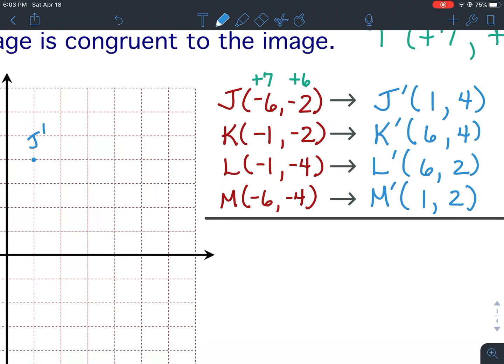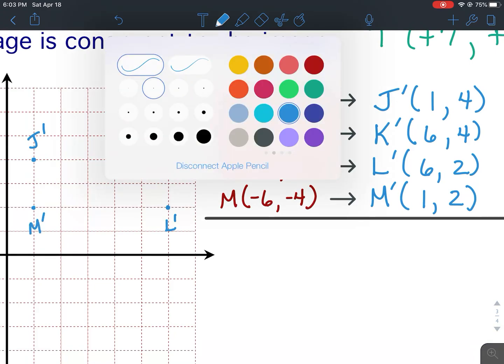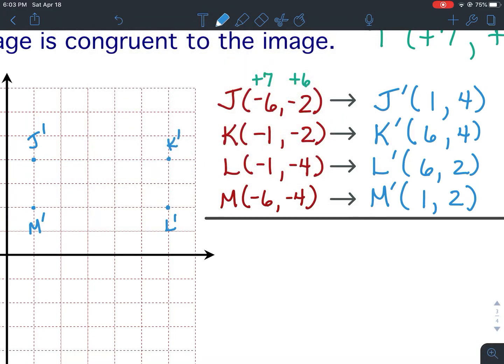K prime is over 6, up 4. L prime over 6, up 2. M prime over 1, up 2. Now I'm going to connect these. Connect them using straight lines.